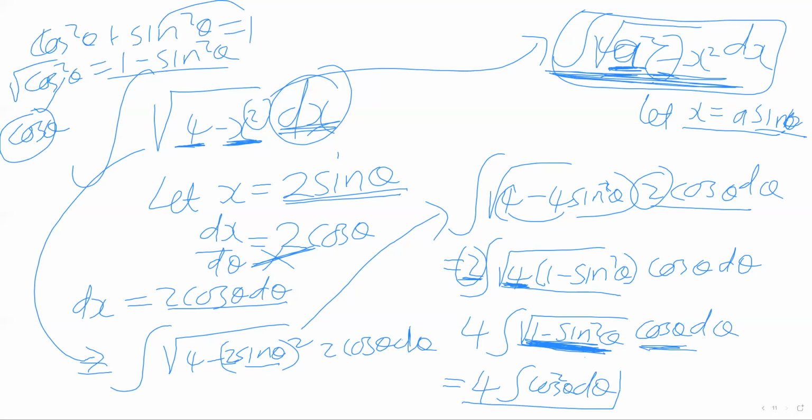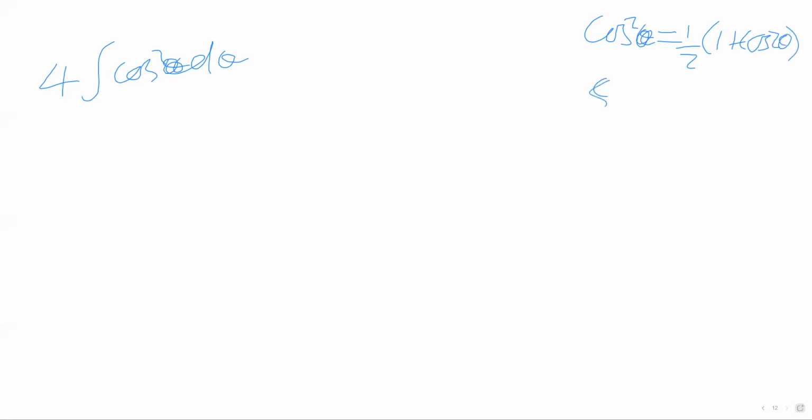Now I want to integrate this. So how do we go about integrating that? We now have cos squared theta d theta. Remember, I told you that mostly when we're integrating this, we make the substitution of 1 over 2, 1 plus cos 2 theta. If it's sine squared, we make the substitution of 1 over 2, 1 minus cos 2 theta.